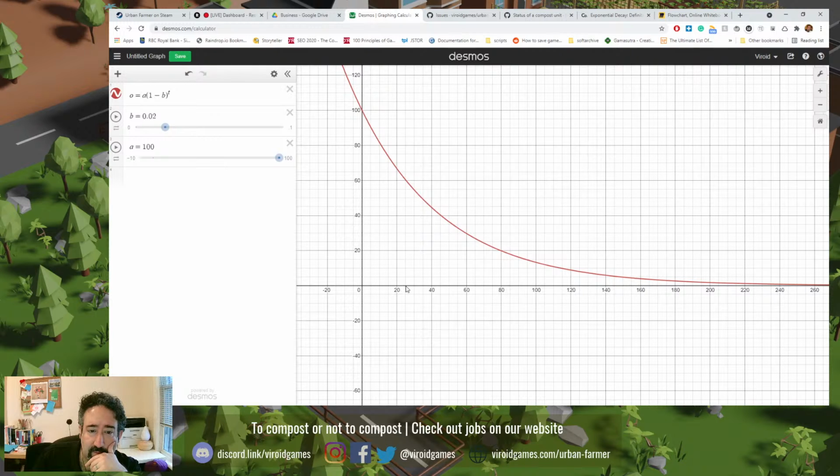So in the first 24 hours, it's losing 40% of oxygen. This is a drastic drop.